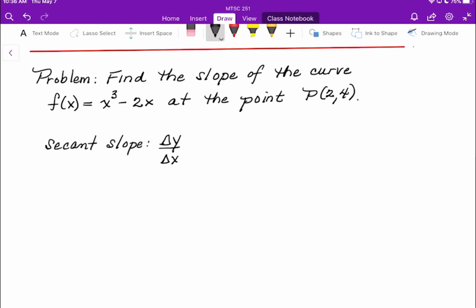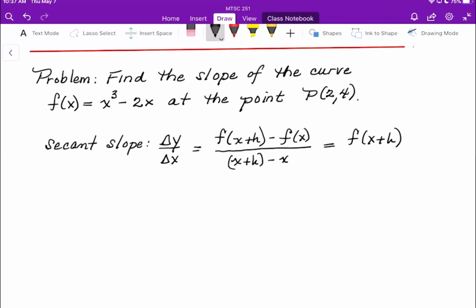That is f at x plus h minus f of x all over the change, which is x plus h minus x. So this gives us f at x plus h minus f of x all over h.